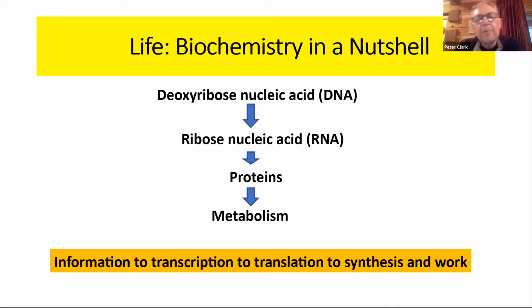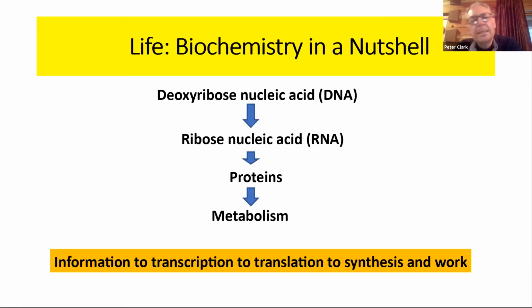Well, most people, I won't say everybody, but a lot of people know that the information that Schrödinger was talking about within chromosomes, which could be viewed in cells in the early 1940s, is held in deoxyribose nucleic acid, DNA.